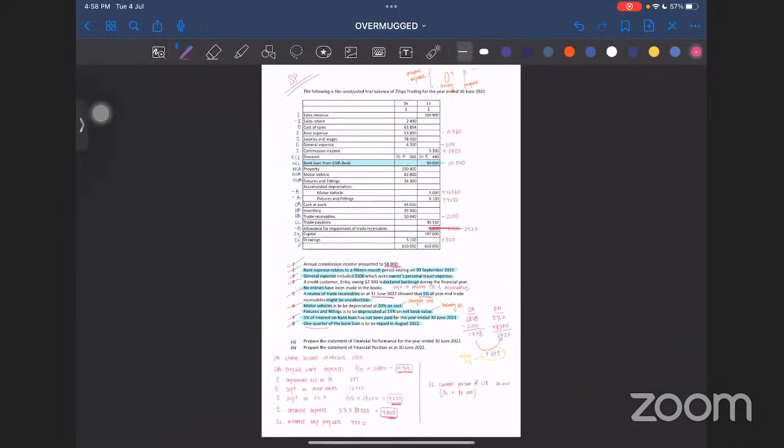So you should have something like this, similar to this. Okay, so in the exam, the speed for you to finish your FS, the FS plus the adjustment, all of that, you should do within 45 minutes to finish everything.